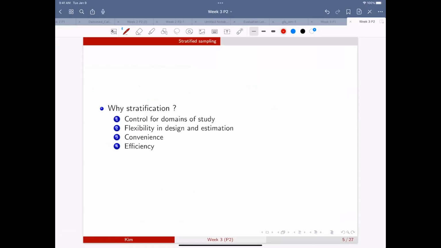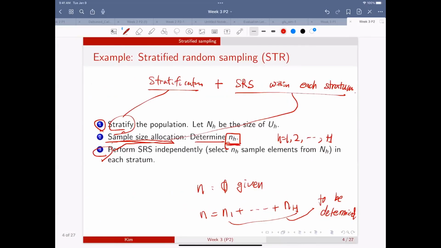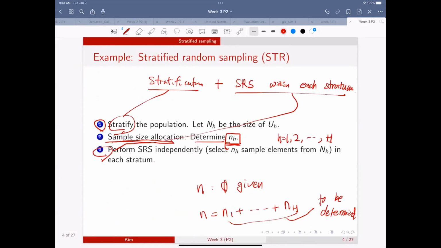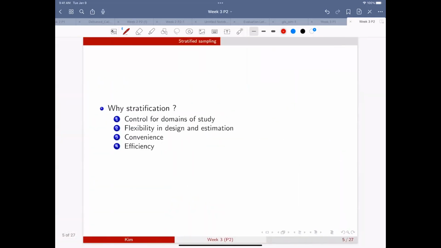So why are we doing this? Well, several reasons. First, control for the domain of study. For example, if you are doing an agricultural survey and you are interested in estimating the crop acres for each crop, such as in Iowa, the total acres of land used for cropping corn.